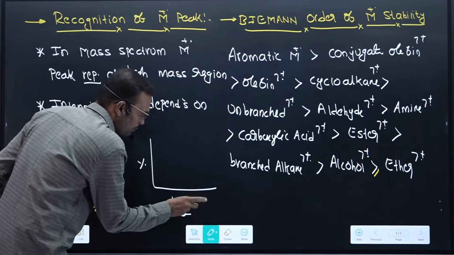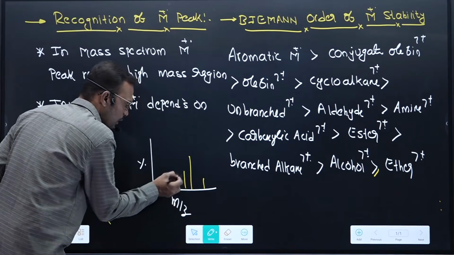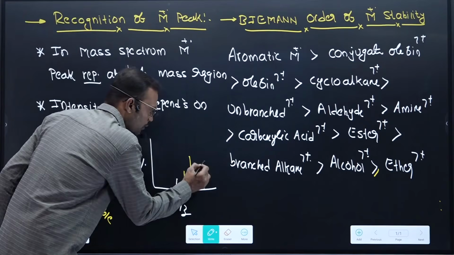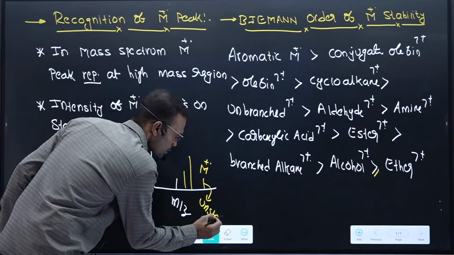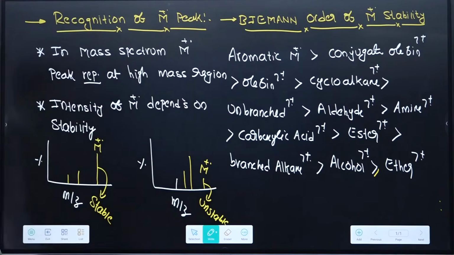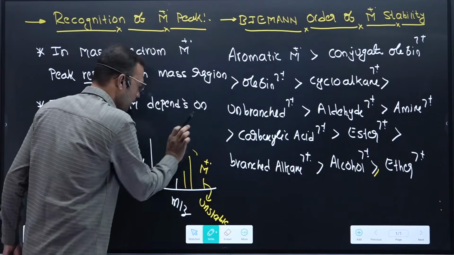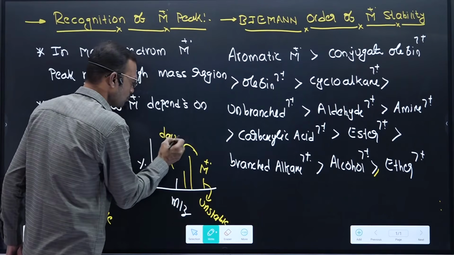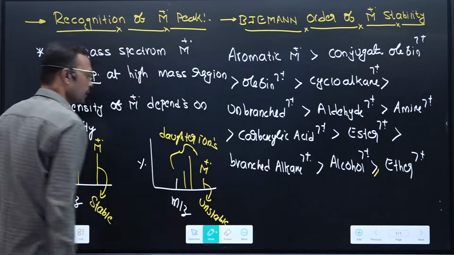Now the molecular ion peak is very small. Then what about the daughter ion peaks? The daughter ion peaks are a little bit higher. So if the molecular ion is unstable, one of the fragment ions is highly intense. These all are daughter ion peaks, daughter ions or daughter cations.